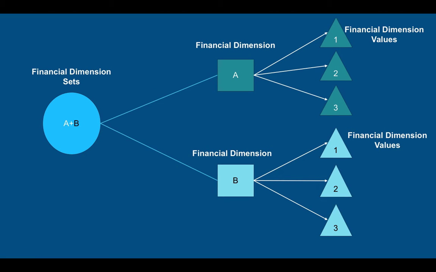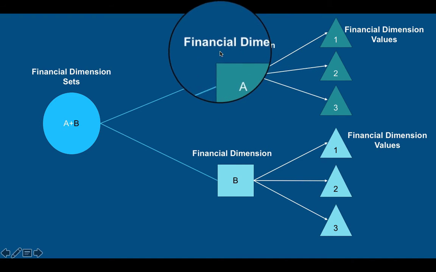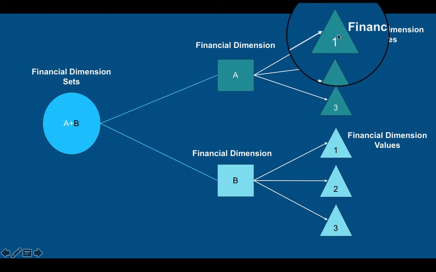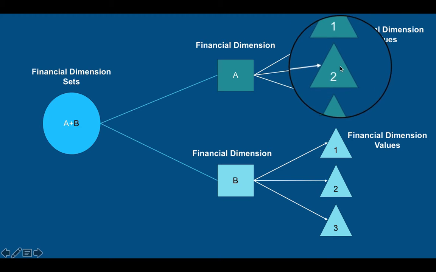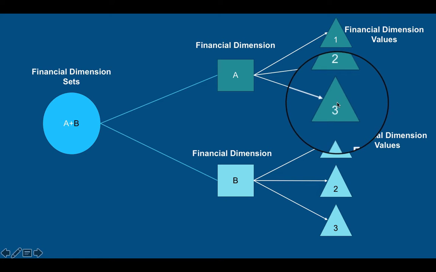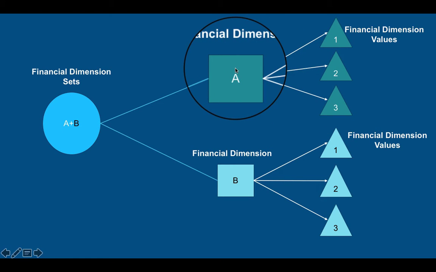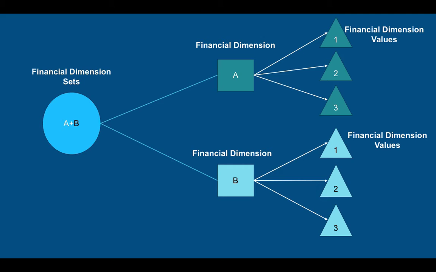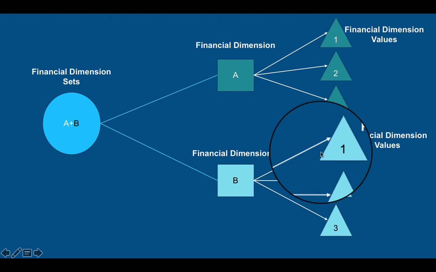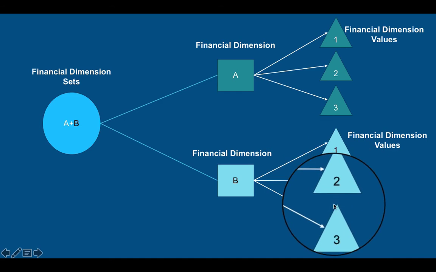In this chart, you can see that we have financial dimension A, which has financial dimension value 1, value 2, value 3 attached to financial dimension A. We also have financial dimension B, which has financial dimension values 1, 2, and 3 attached to it.